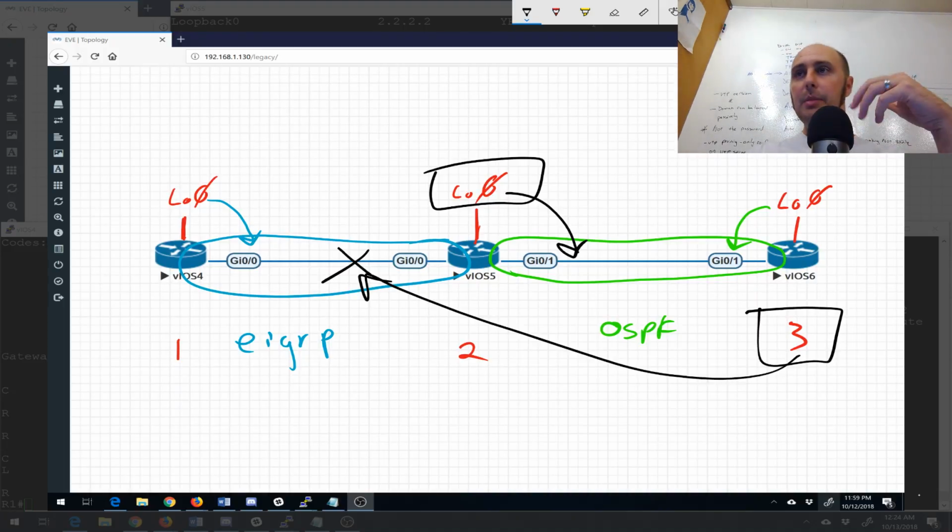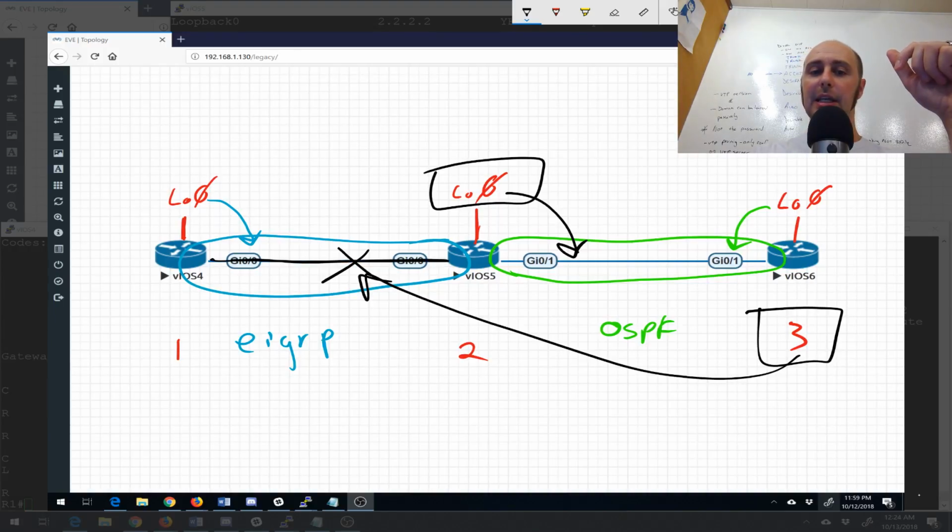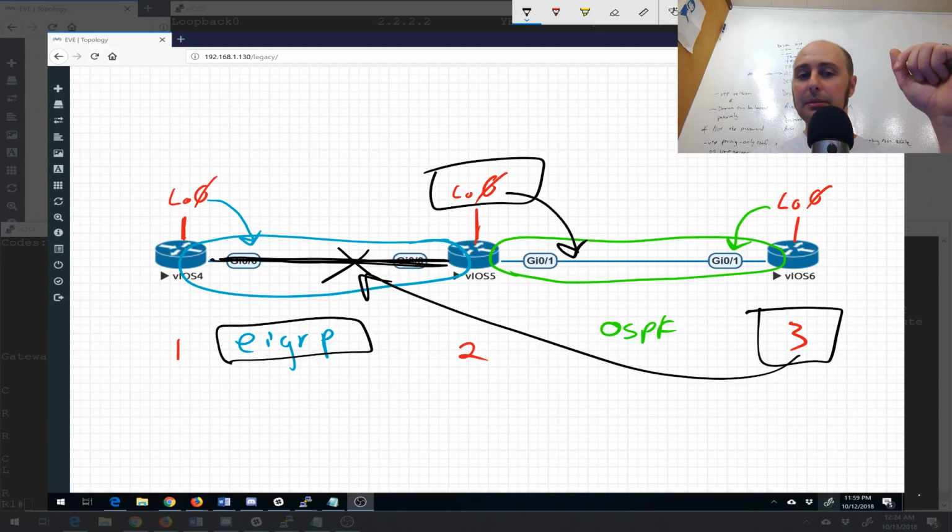If I was to make a prediction prior to seeing this behavior and trying to understand it, I would say, well, wait a second, this link is an EIGRP link, right? It's in the EIGRP routing domain. And we're redistributing EIGRP into OSPF, so why doesn't router 3 still see it?